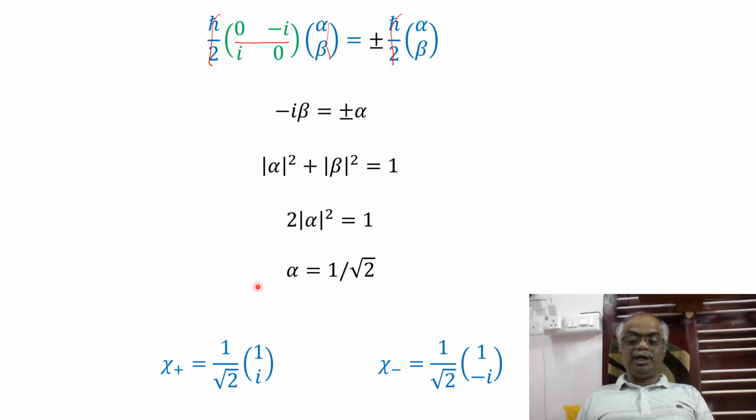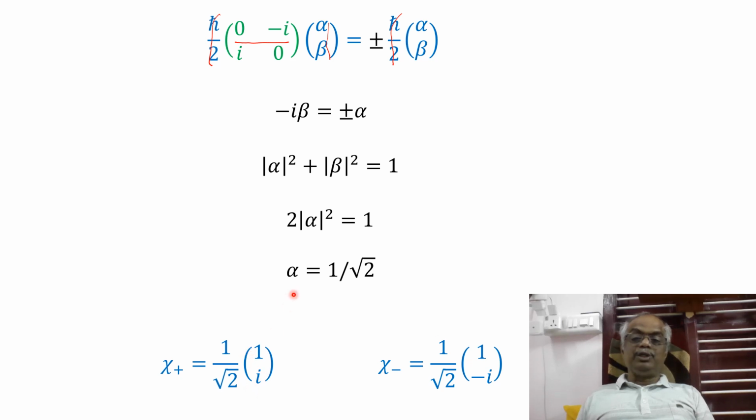That means alpha is equal to 1 over square root of 2. So the spinor matrix for spin up, that is chi plus, is 1 over square root of 2.